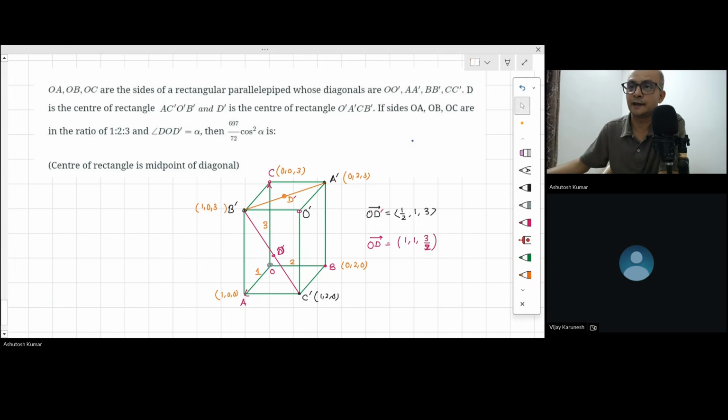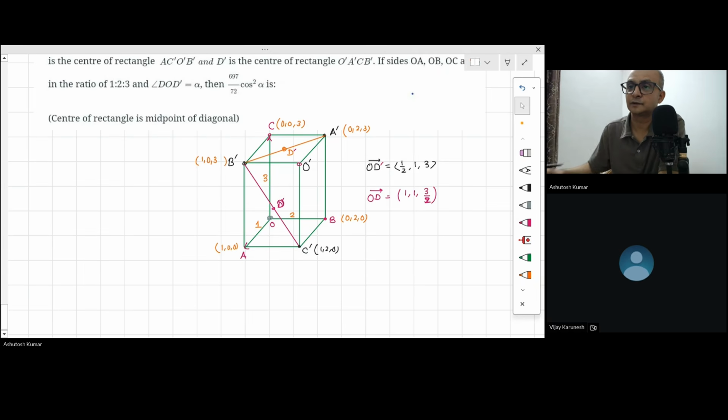Let's now find the angle between them. Because angle DOD dash is the angle they're asking, this angle is alpha.